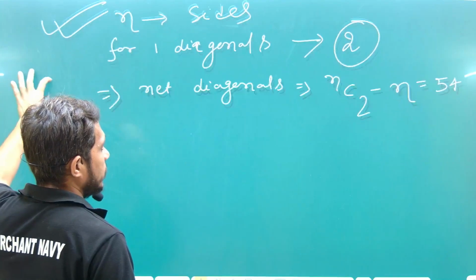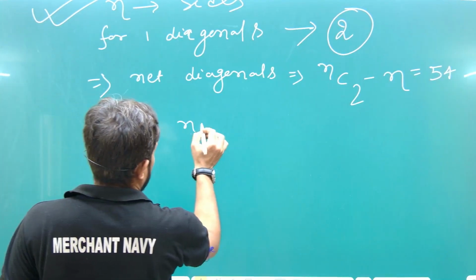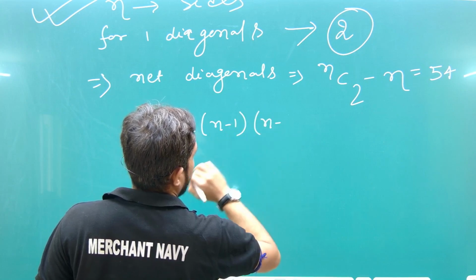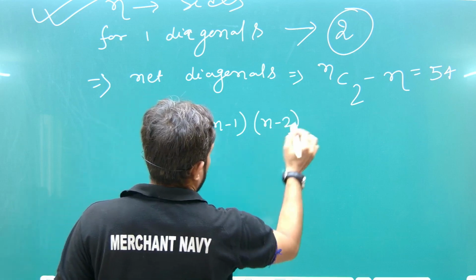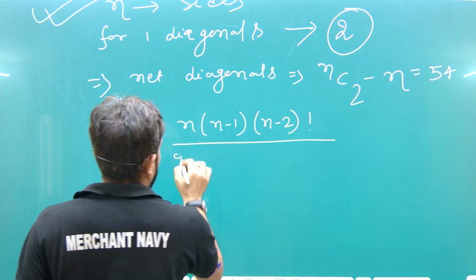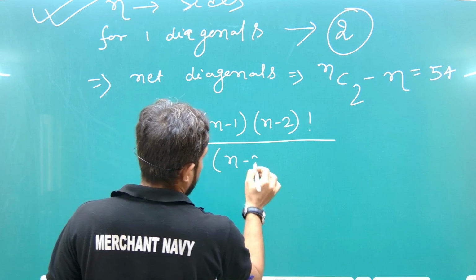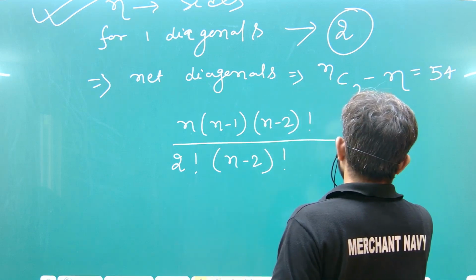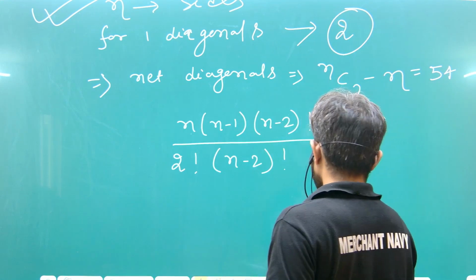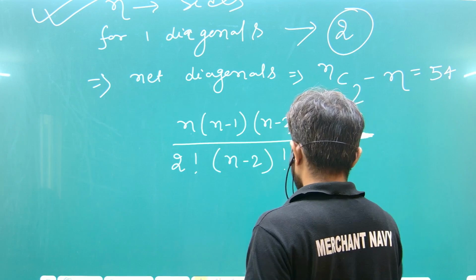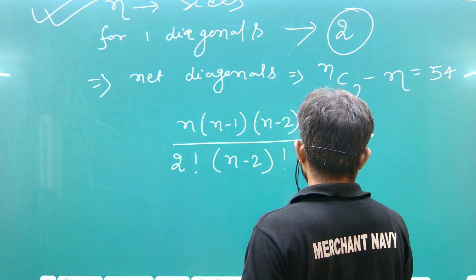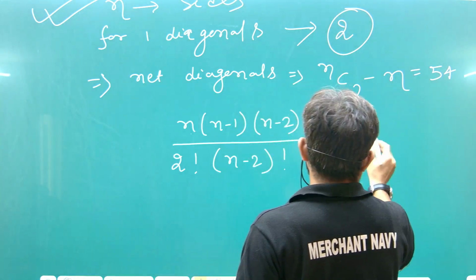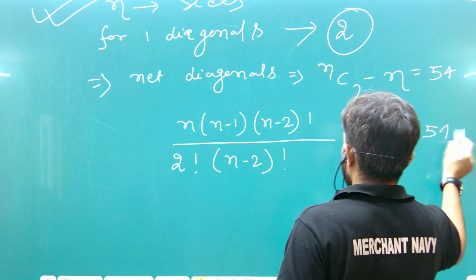On solving this type of equation, you will get n into n minus 1 into n minus 2 factorial divided by 2 factorial into n minus 2 factorial, minus n, is equal to 54.